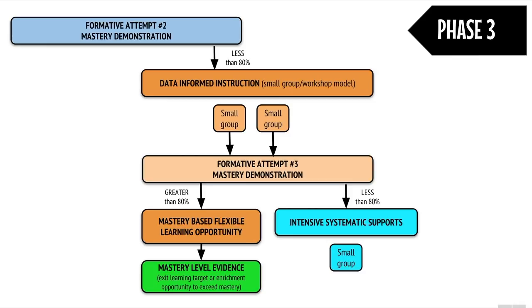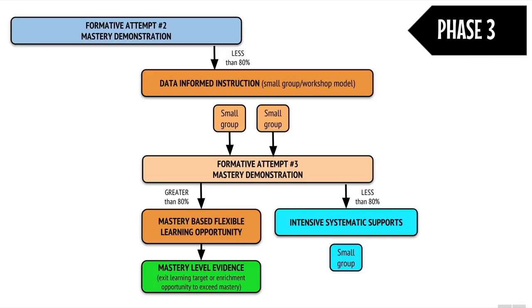We should have very few of our learners who fall into this bottom bucket. If we're doing a mastery infused instructional cycle well with fidelity, each round of the cycle, each phase of the cycle, we should be exiting kids, because each phase of the cycle, more and more learners are demonstrating mastery.